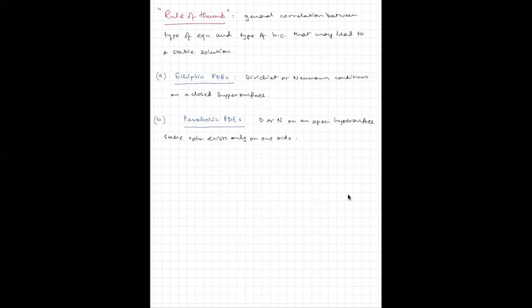And finally, as we have seen for hyperbolic PDEs, what we find is that we can have Cauchy conditions on an open hypersurface.